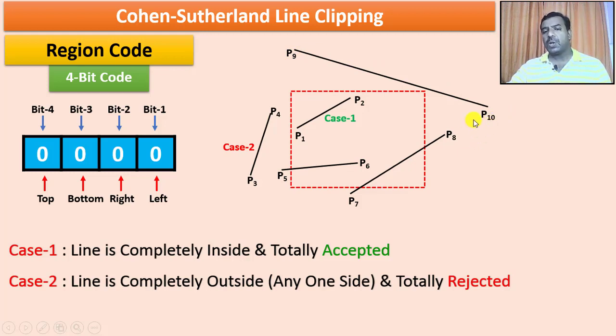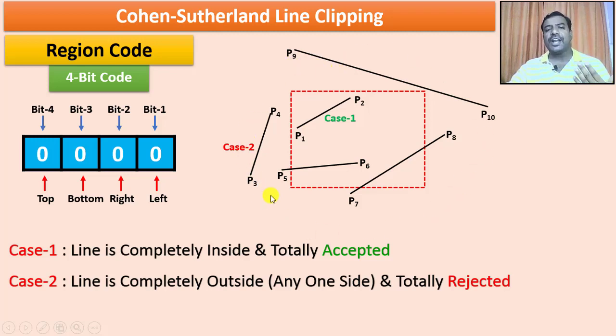But right now I am not able to say it should be completely rejected, because we can clearly say using this algorithm a line is completely outside only when it is outside the clipping region on any one side. Either it should be at the left side, or the right side, or the bottom side, or the top side.